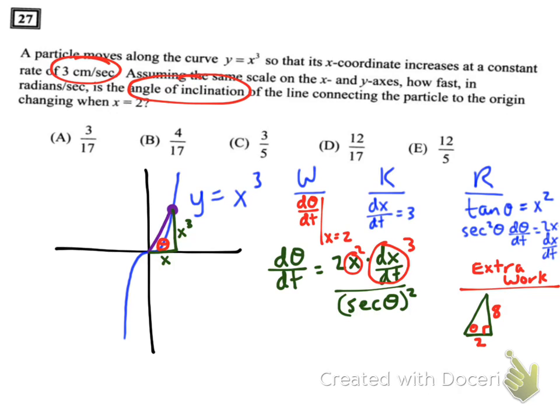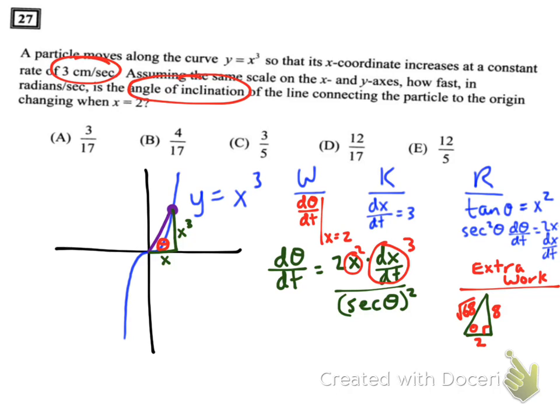Let's use the Pythagorean theorem: 2 squared plus 8 squared is 68. So the length of the hypotenuse of this right triangle is radical 68.